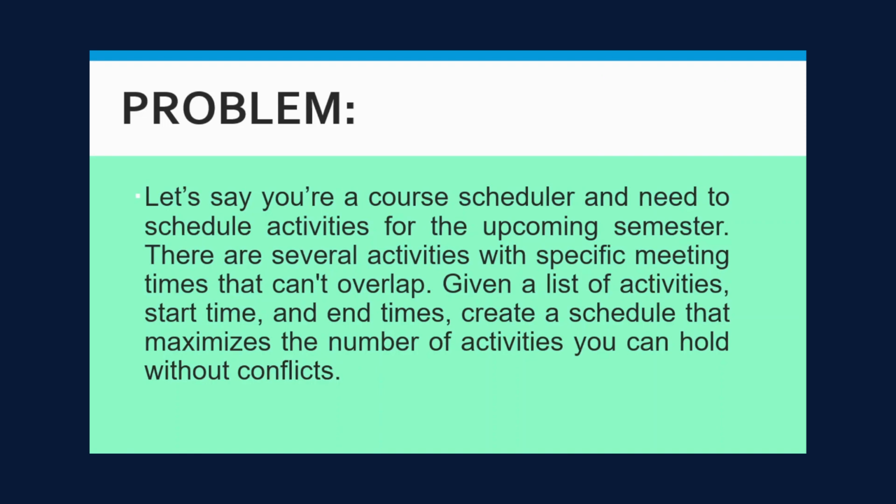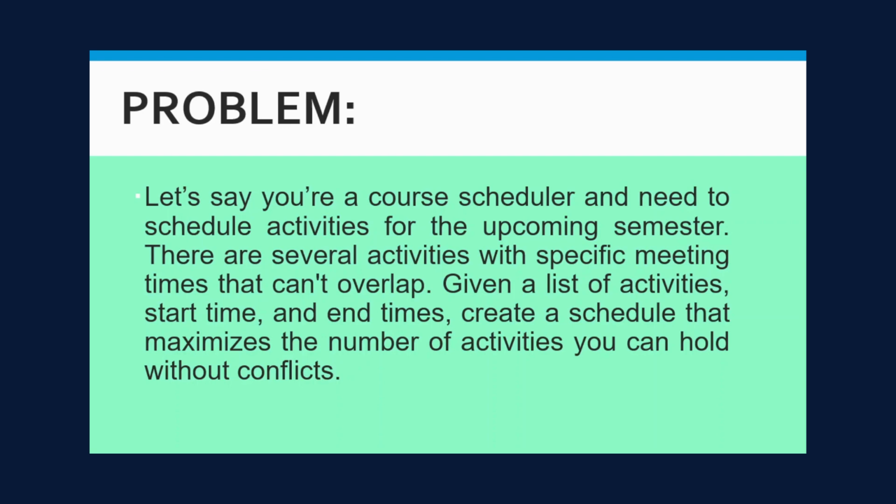There are several activities with specific meeting times that cannot overlap. Given a list of activities, you need to identify the activities, the start times, and the end times. Then you will create a schedule that maximizes the number of activities you can hold without any conflicts.